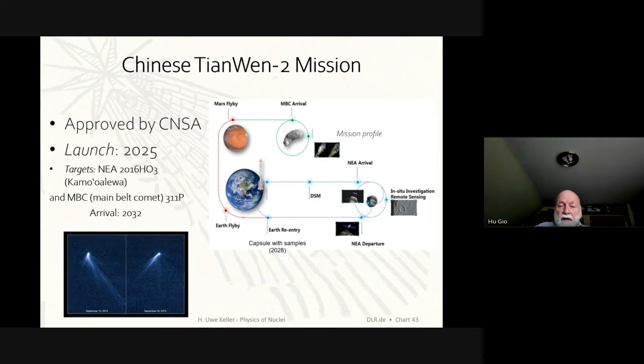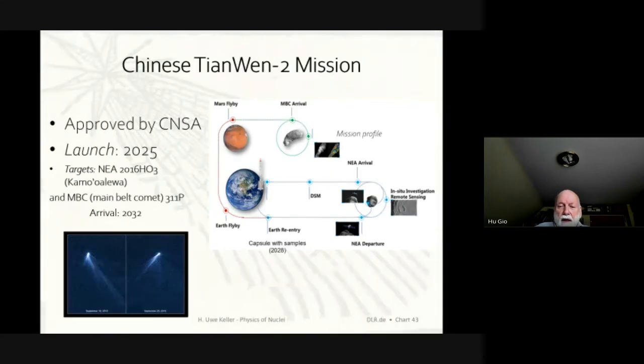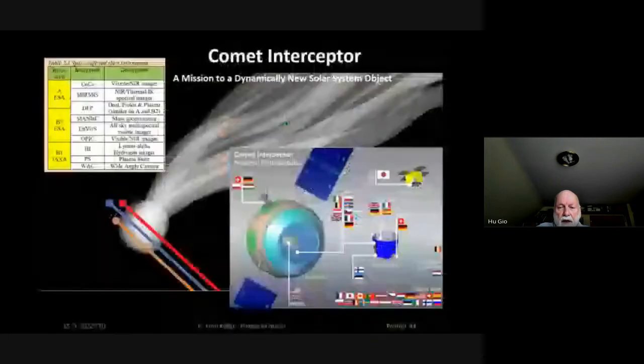And this is a very demanding mission, I think. If it is successful, it will be a major milestone in interplanetary missions to small bodies. So this is going on on the Asian continent.